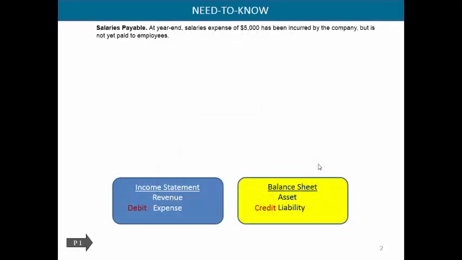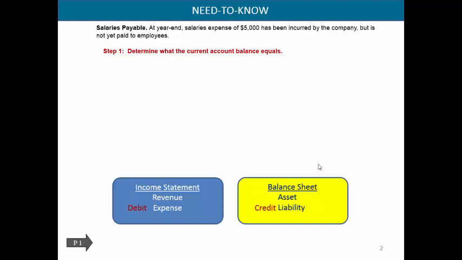Now let's actually look at a specific example. We have an example where at the end of the year, we have salaries expense of $5,000, but this has not been yet paid to our employees. So how does this happen? Let's say that at December 31st, we need to close our books, but normally we pay someone on Friday.